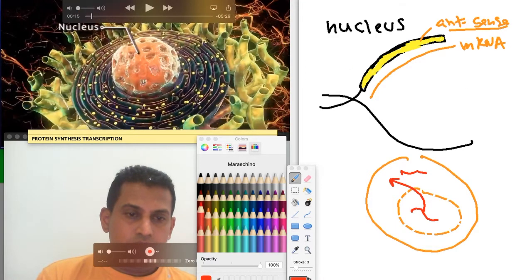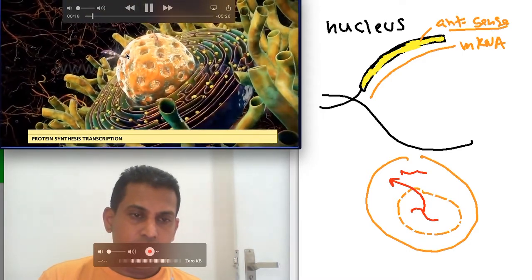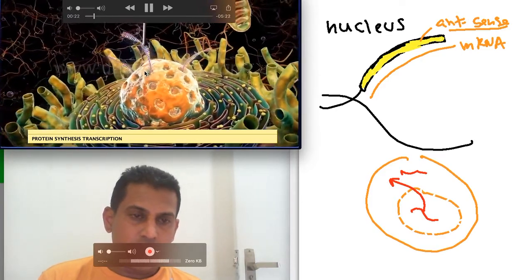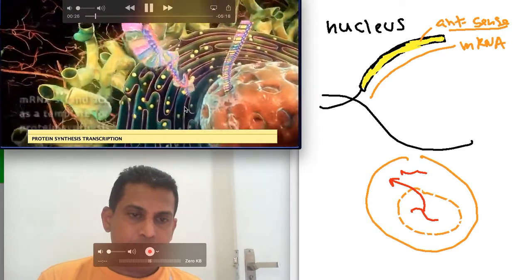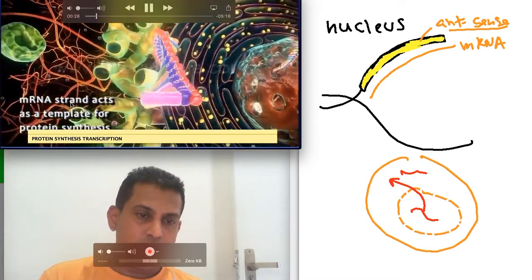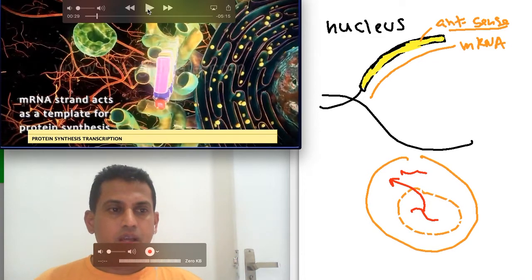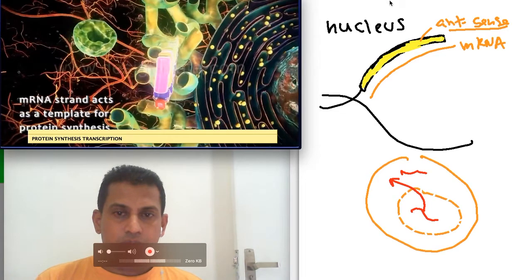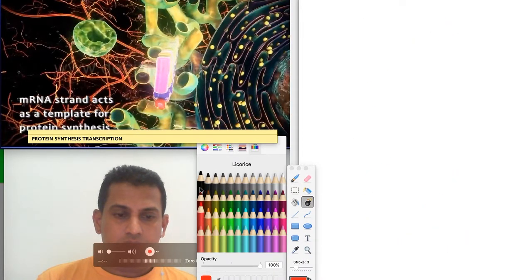So let's see this video of that process very quickly. That's a nucleus, and that's a nuclear pore. You can see the messenger RNA molecules coming out of the nuclear pore into the cytoplasm. So now they are moving to the cytoplasm. So now today our lesson is to discuss in detail the translation process.